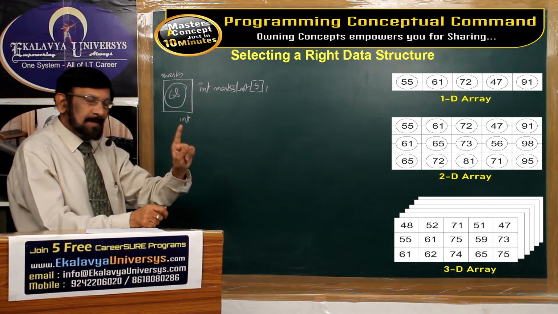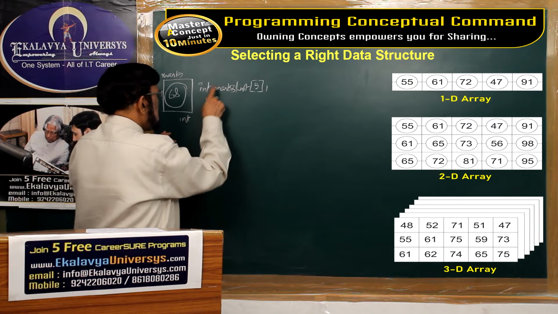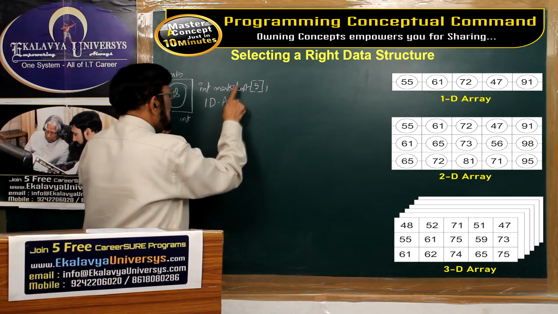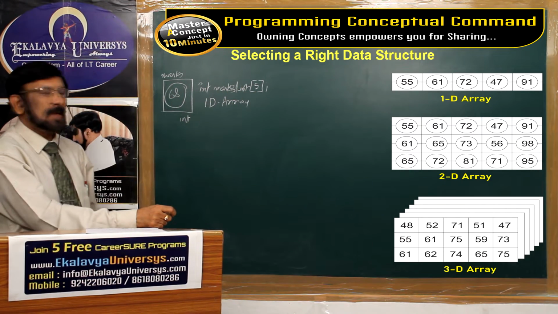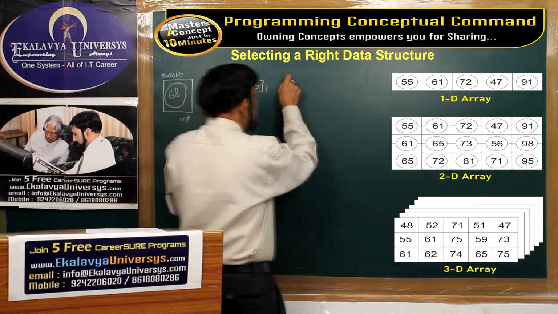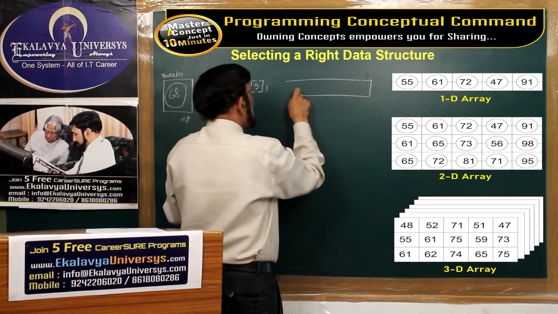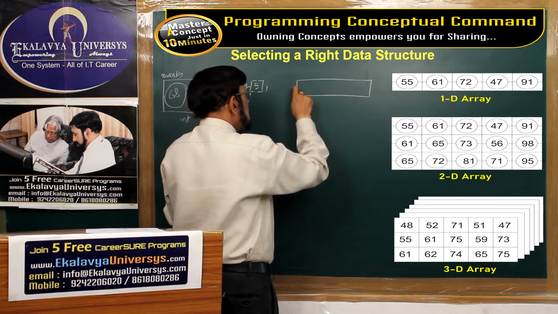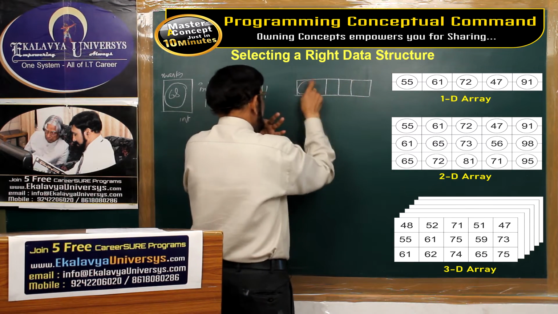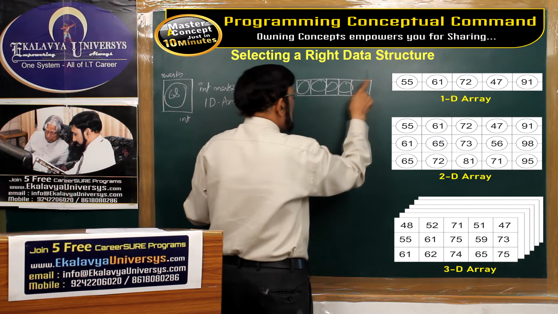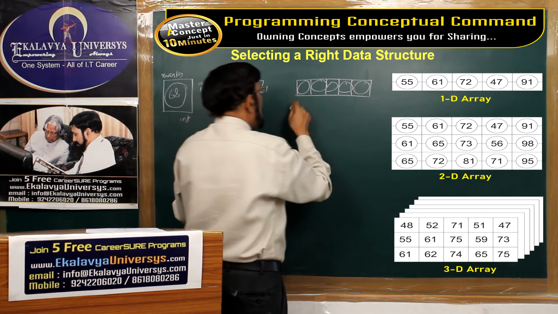Here one dimension we have given. That's why it is called a 1D array. 1D array means one-dimensional array. Only one dimension we have given. Then how is it represented? We define an array like this, and it has 5 elements, in which the marks percentage in 5 papers are stored.